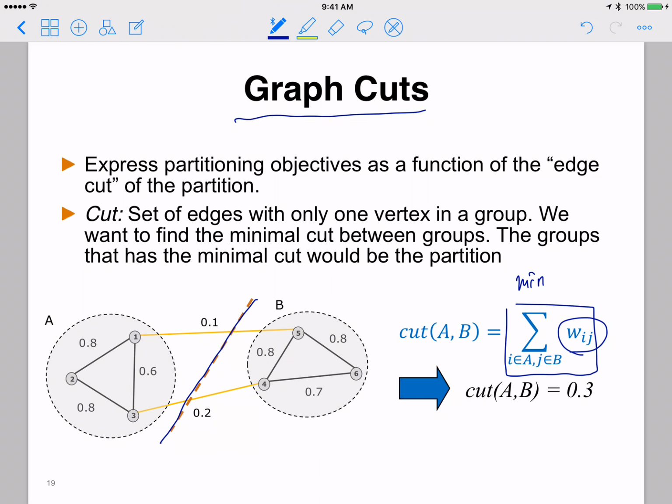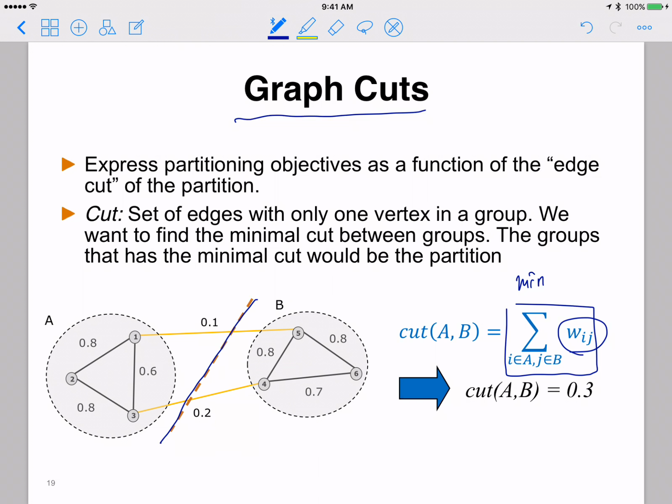So now you understand the notion of the cut measure. Cut considers the edges only crossing these boundaries, but we make this measure a kind of relative measure.